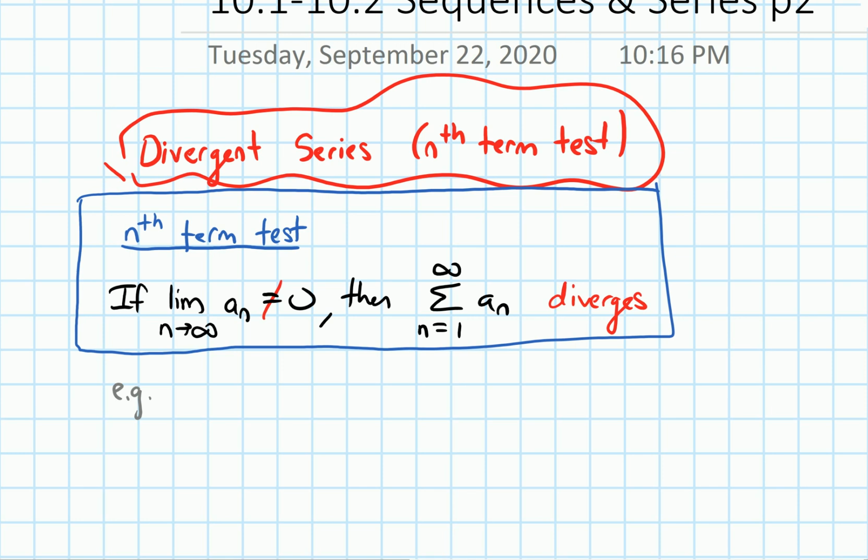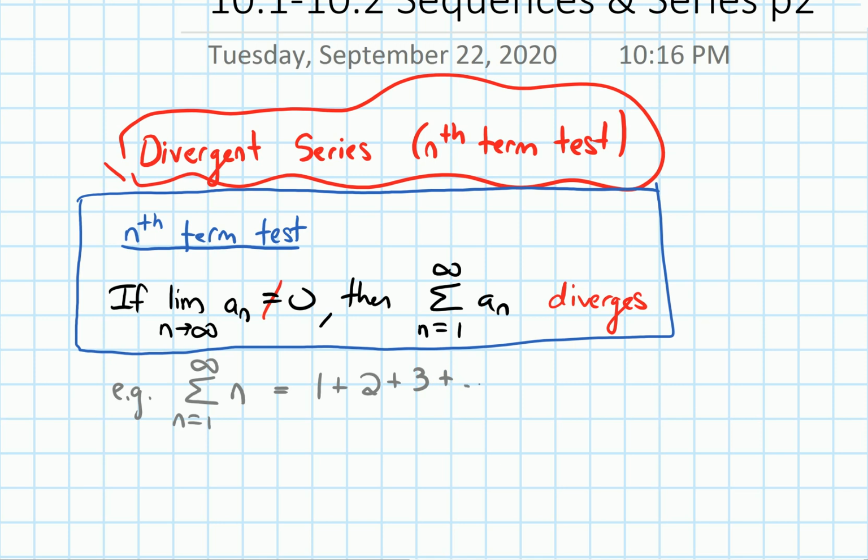Okay, so let's look at an example. Let's say I had the sum from n equals 1 to infinity of n. If I just write out some of the terms to get a feel for what this is, when I plug 1 in for the variable n, I get 1. Plus, when I plug in the next integer up, 2, that gives me 2. When I plug in the next integer, I get 3.